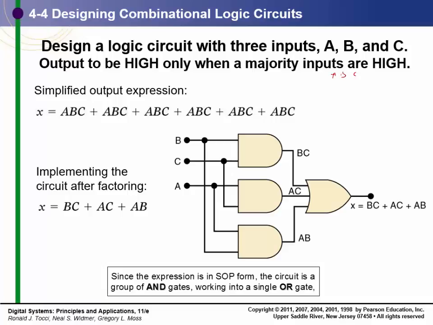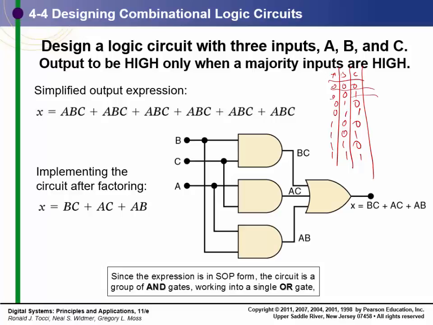A, B, C. I'm going to have to write it small right here. 0 0 0, 0 0 1, 0 1 0, 0 1 1, 1 0 0, 1 0 1, 1 1 0, 1 1 1. What they're saying is, when the majority of the inputs are high, the output should be high.